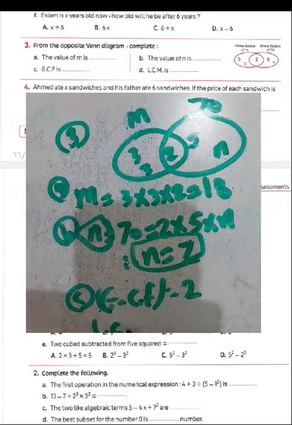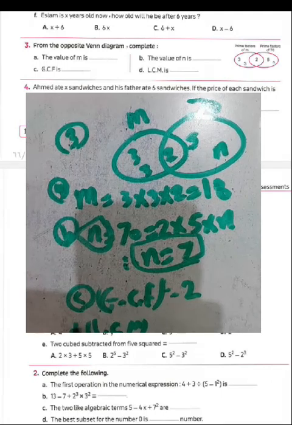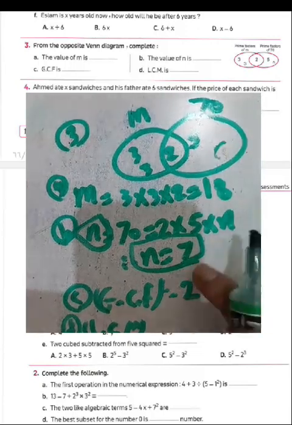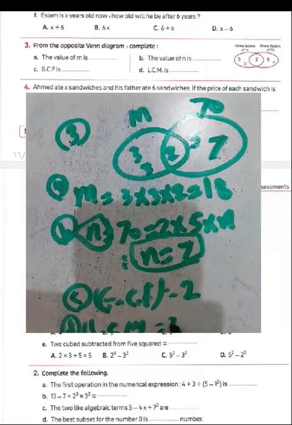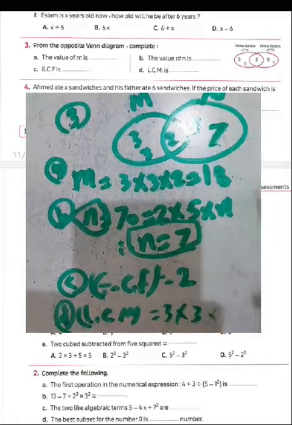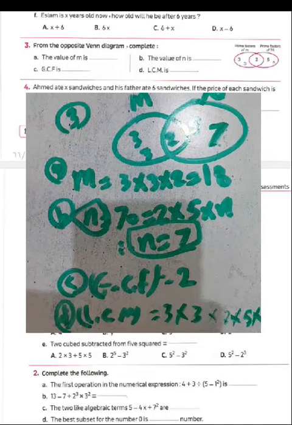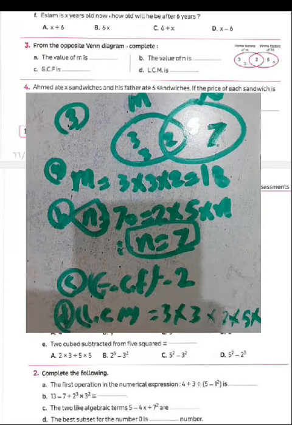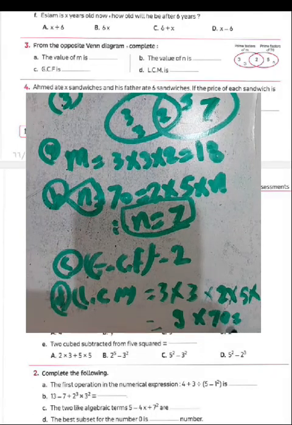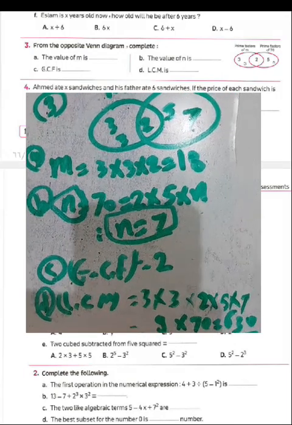And the least common multiple of the two numbers 18 and 70, we can find by multiplying 3 times 3 times 2 times 5 times 7. 3 times 3 equal 9, 9 times 2 is 18, 18 times 5 equal 90, 90 times 7, and the result will be 630.